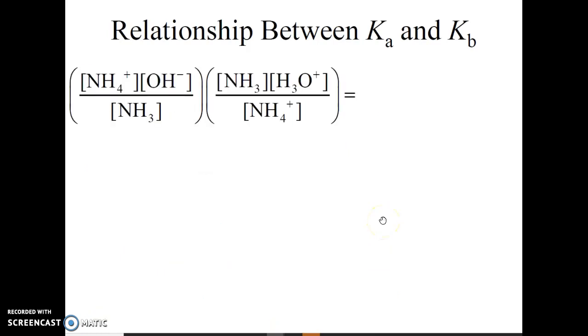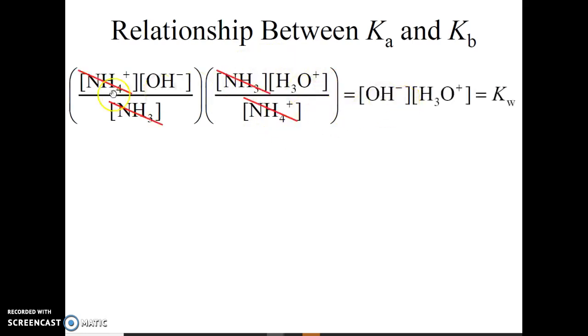And what we see is if we take the expression for my Ka value, which is this one here, and we take the expression for the Kb value, which is this one here, there are some things that can be canceled out. NH4+ is on the top and on the bottom, NH3 is on the top and the bottom, and so those can cancel out.